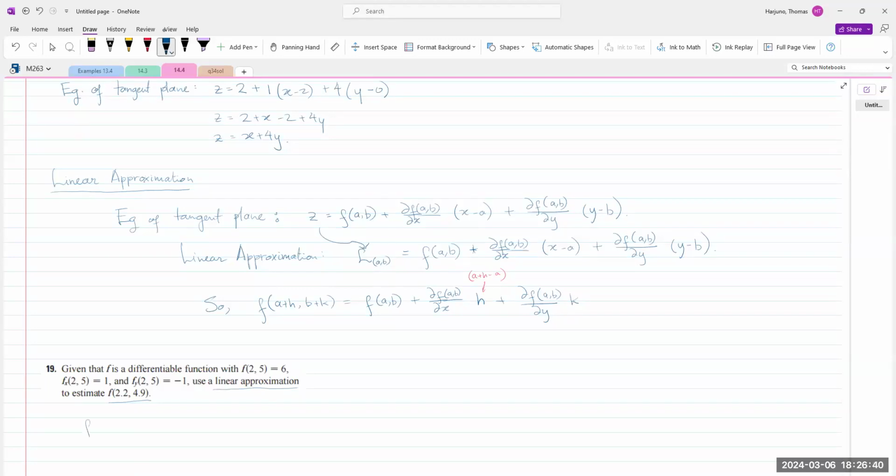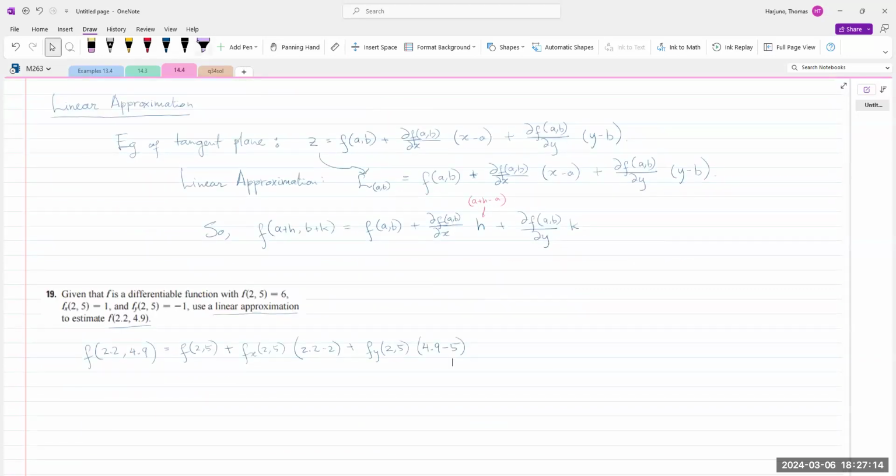So f(2.2, 4.9) with reference point (2, 5) will be f(2, 5) plus the partial derivative with respect to x at (2, 5) times 2.2 minus 2, plus f sub y at (2, 5) times 4.9 minus 5.